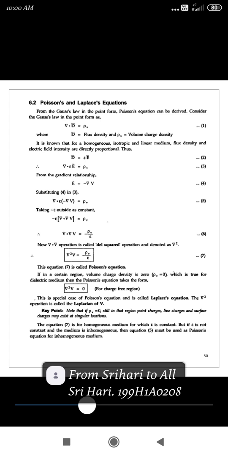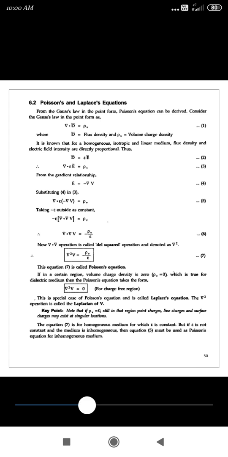Taking minus epsilon outside as a constant, the divergence of the gradient of V is equal to minus rho v by epsilon. The divergence of the gradient operation is called del squared, so del squared V is equal to minus rho v by epsilon. This is equation number 5.